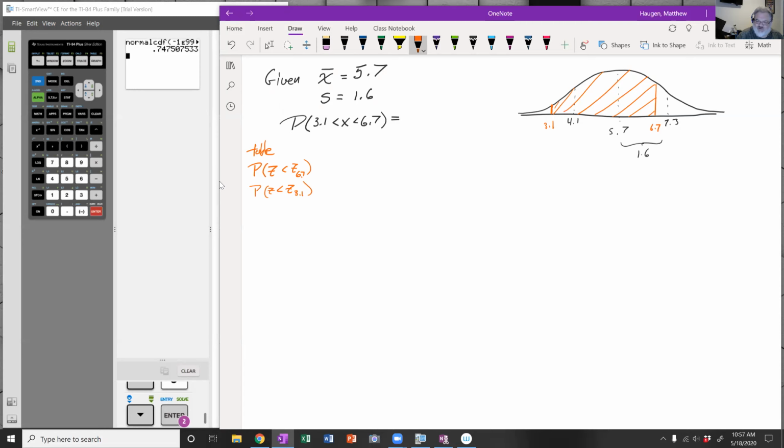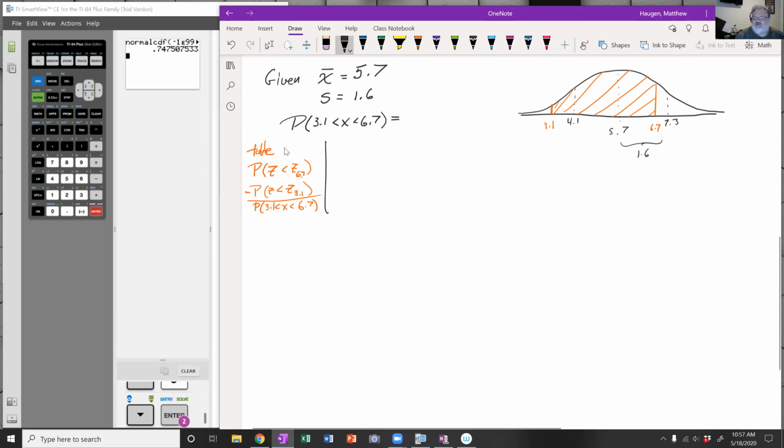Calculate those two z-scores, subtract those probabilities from the table, and get that probability that we want. And I do suggest that you guys practice doing that by hand some with those tables.